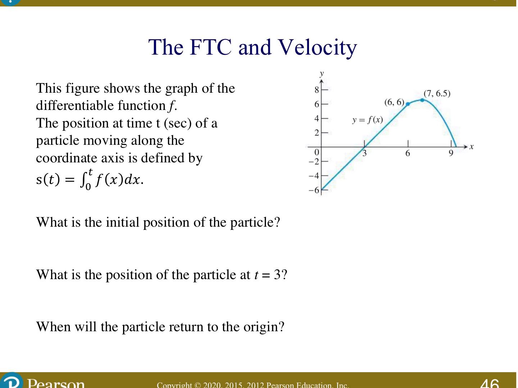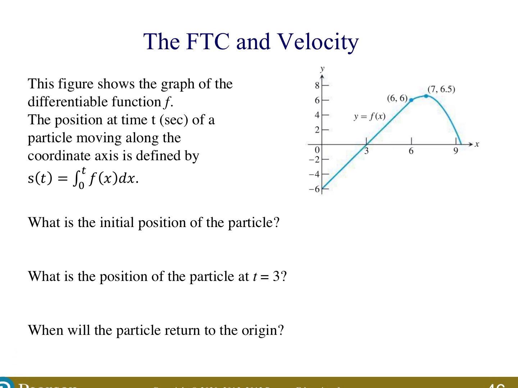Okay, next question. What is the initial position of the particle? The phrase initial position always implies that time is equal to 0. And so we want to find the s value when time is 0. So where does time go?